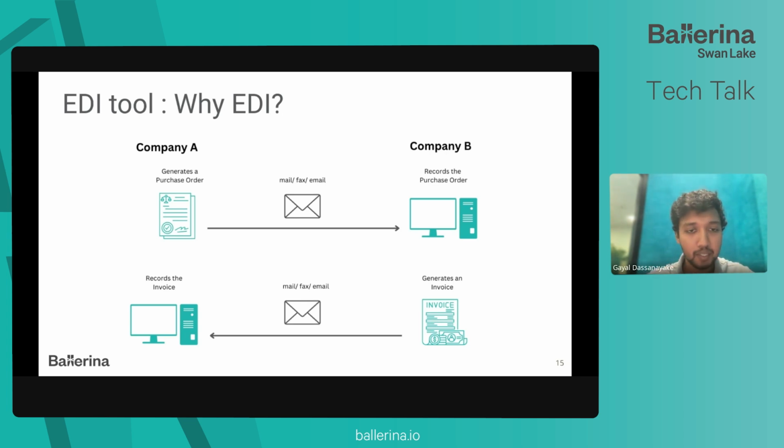And with minimal human input, the internal system will be able to generate an invoice, which can be sent again as an invoice EDI document to company A's internal system. Obviously, the benefits of this are reduced cost, the processing speed will be vastly increased, and also due to the minimal human input, the error percentage will get reduced.